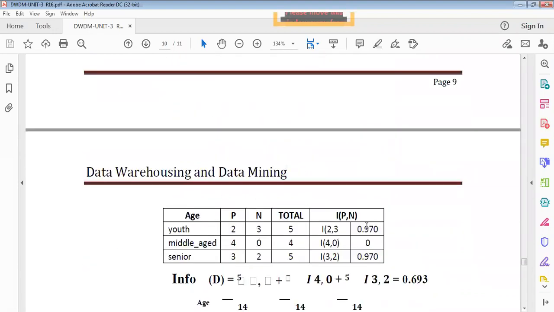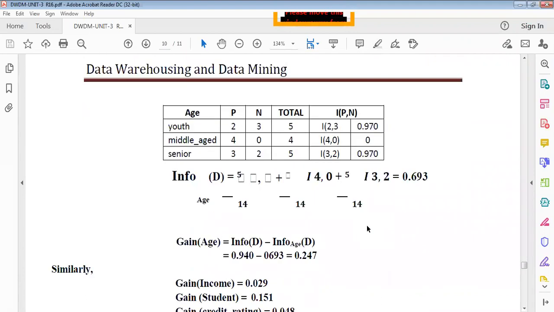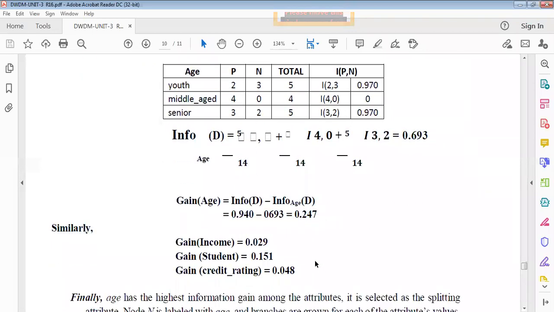The information for the attribute age, with middle age considered, you can get 0.69. So the gain of age is 0.940 minus 0.690, which gives 0.247. This is the information gain.